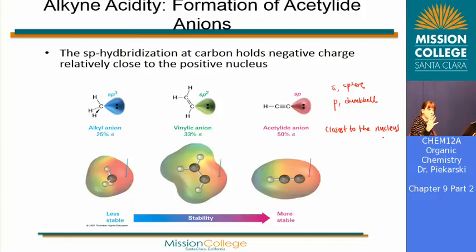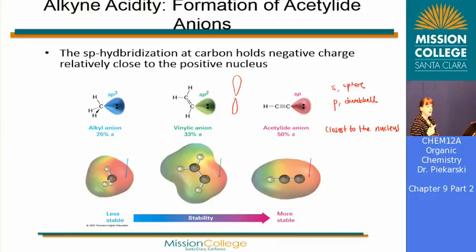And if a p orbital is a dumbbell shape, it has that node, right? So p orbitals, remember, have two lobes and a node around the nucleus. Well, if we look at the hybridization of these atoms here, this one that has sp hybridization has more s character, more spherical-like character.